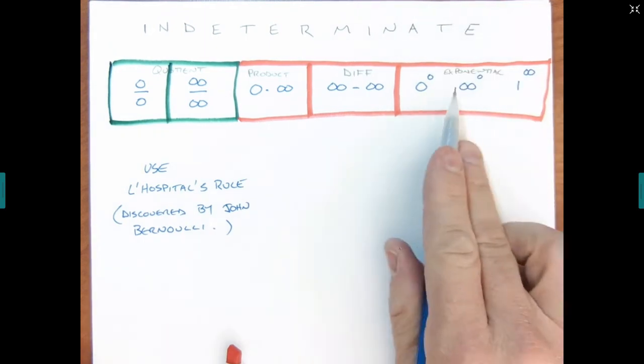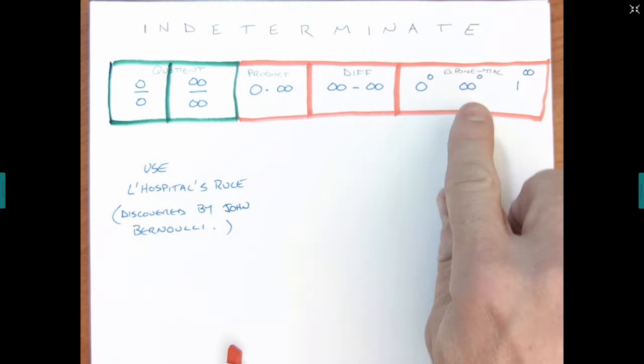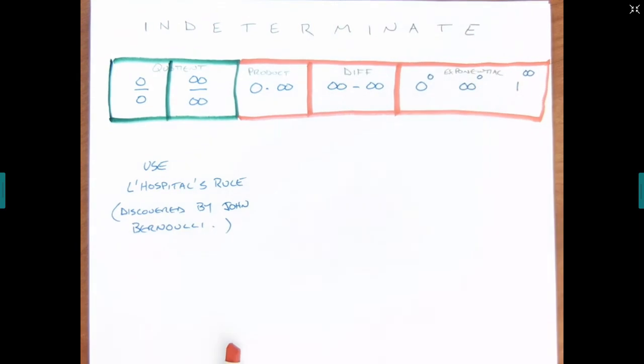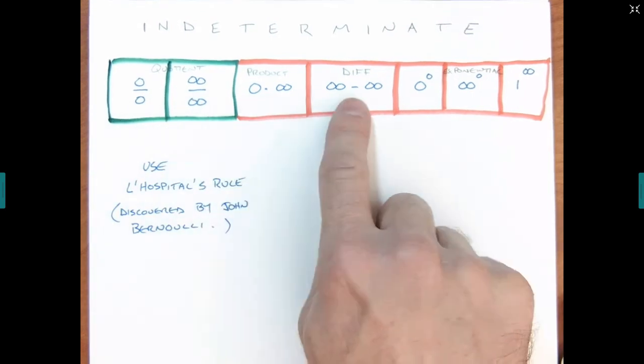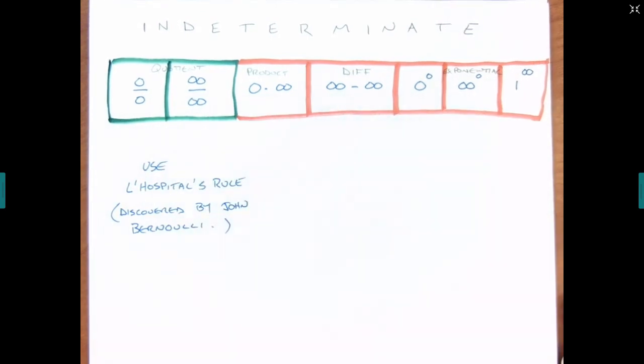Well, my handwriting got a little messy in here for the crowded space. These are exponential. And so we have these three different exponential expressions that are indeterminate. So let's see, we've got 1, 2, 3, 4, 5, 6, 7.